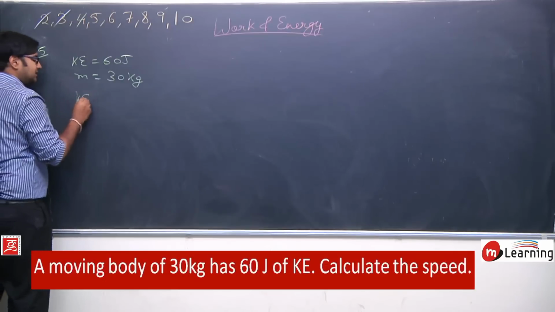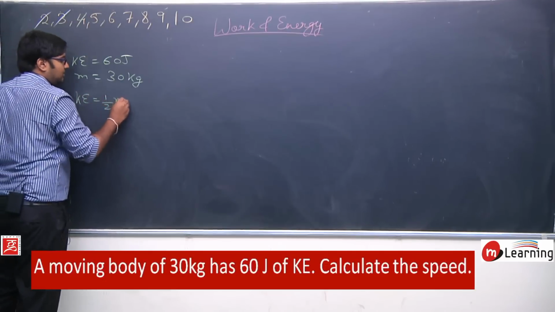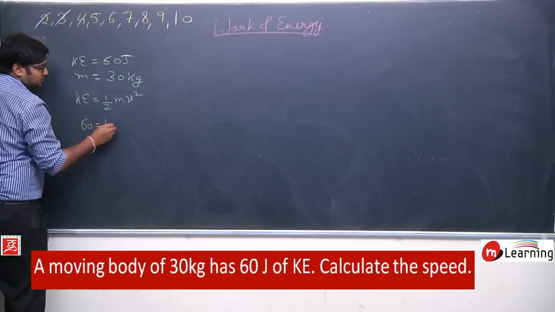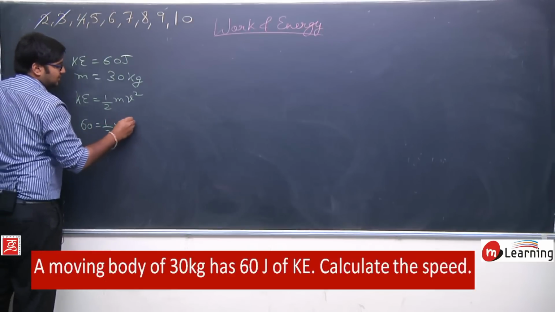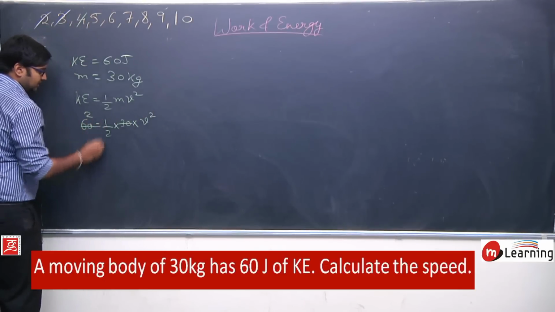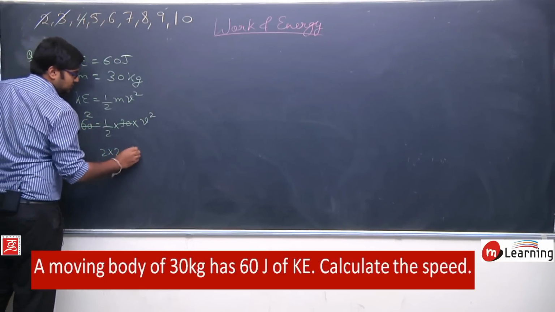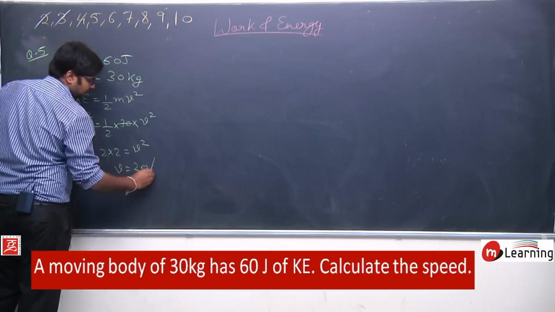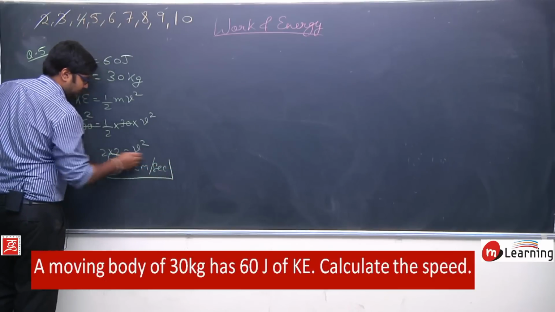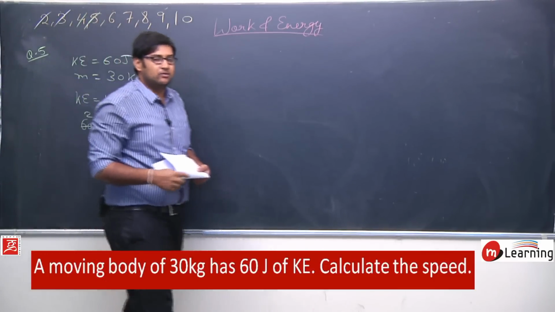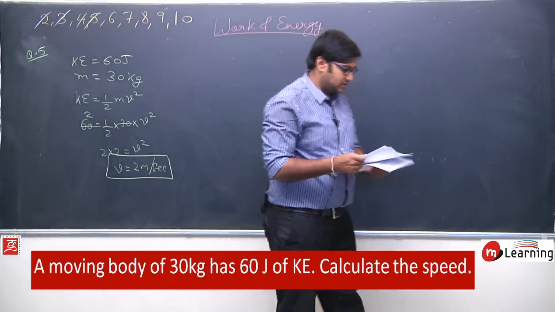Kinetic energy is equal to half m v squared, so 60 equals half into 30 into v squared. This 30 goes 2 times here, so 2 into 2 equals v squared. So the value of v comes out to be 2 meters per second. This is how you can calculate the velocity. It's a simple question.